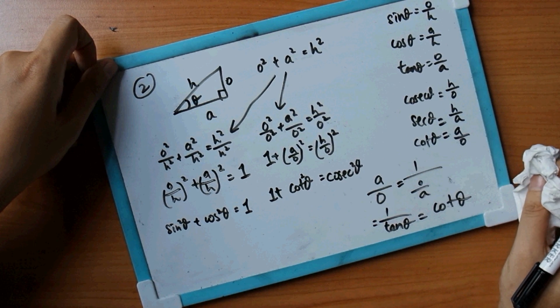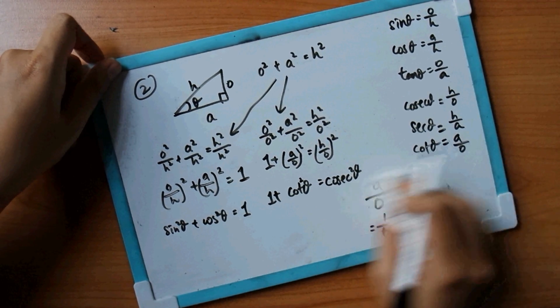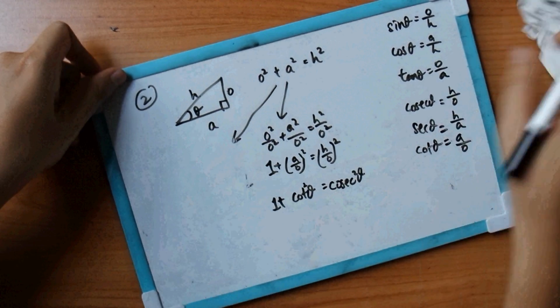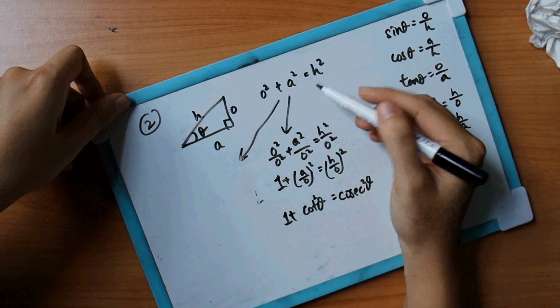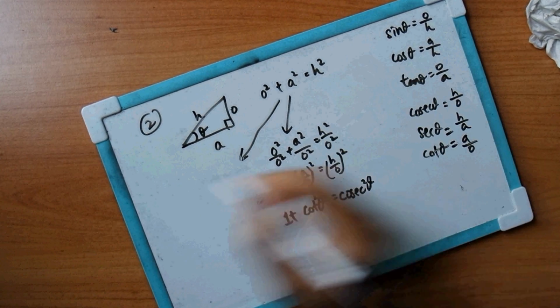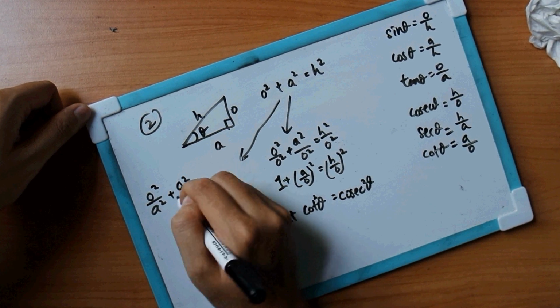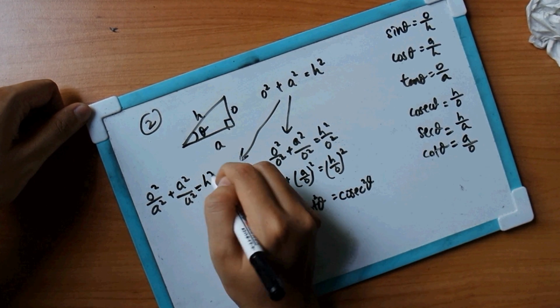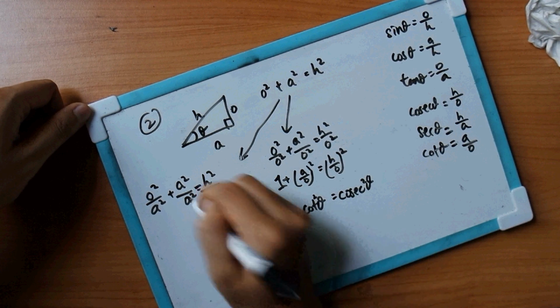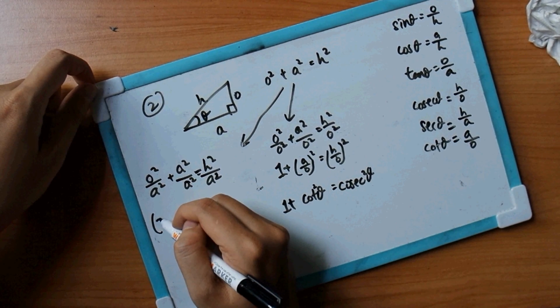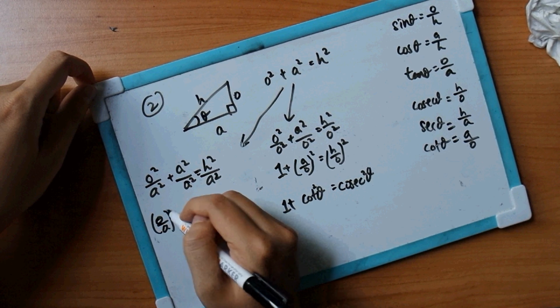Now, I'm going to talk about the third identity, I mean, which is this. If I divide by A square, okay, so this is just O over A, right?